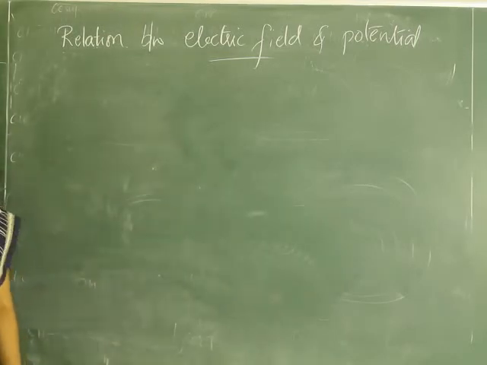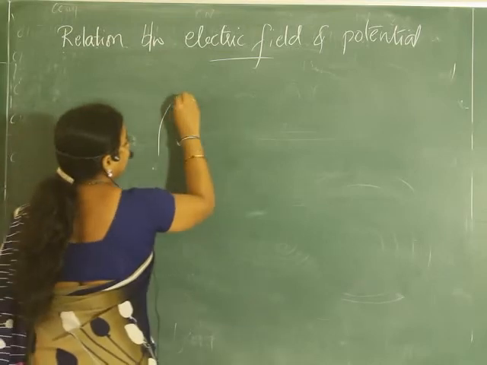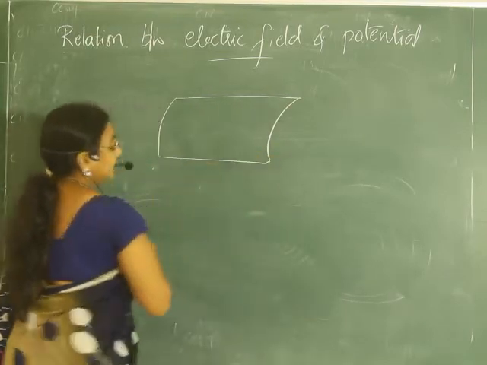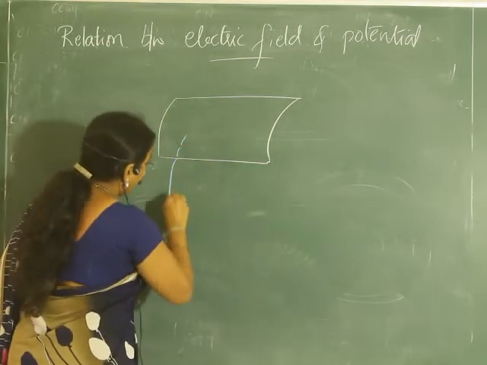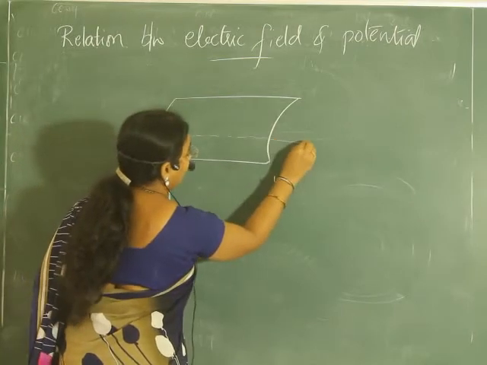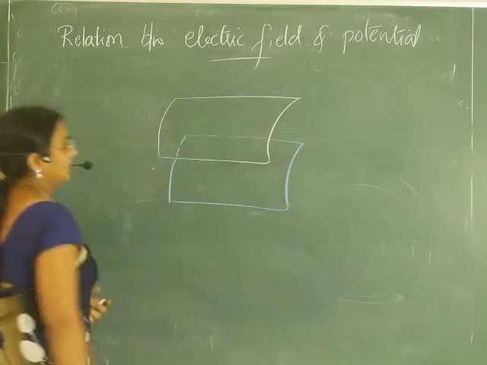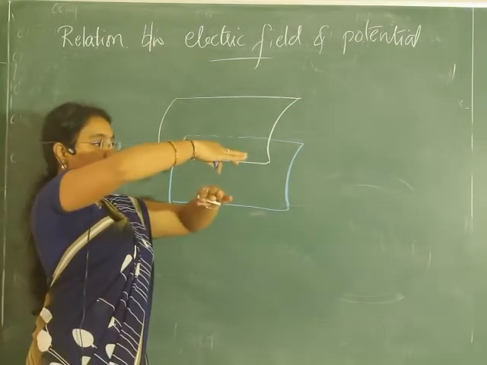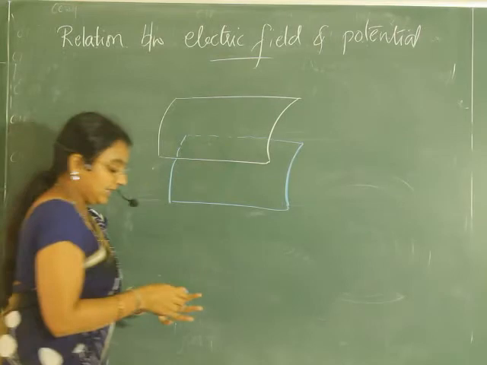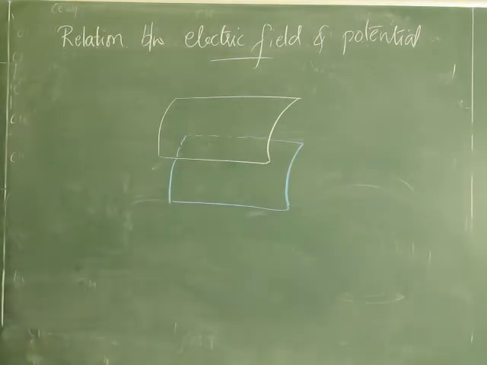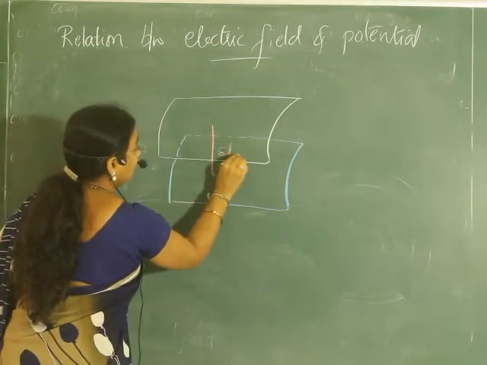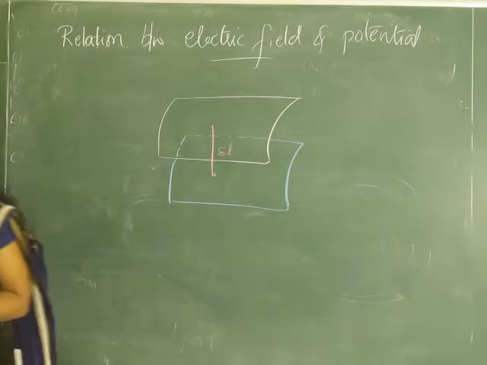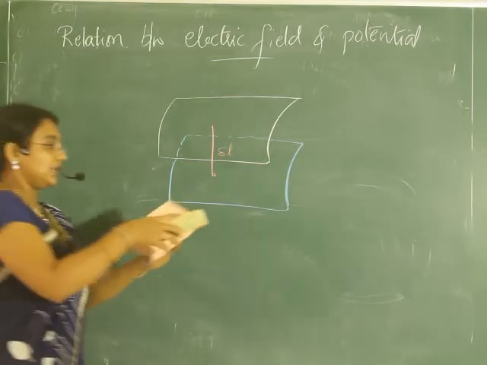For that, what we have to do initially is, let us consider two conductors. One conductor, another conductor.